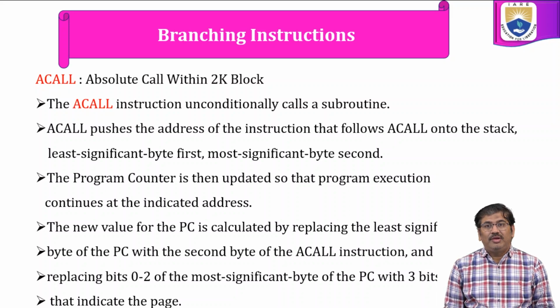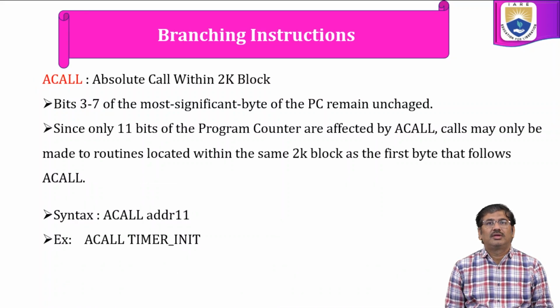The new value of the program counter is calculated by replacing the least significant byte of the program counter with the second byte of the ACALL instruction, and replacing bits 0 to 2 of the most significant byte of the program counter with 3 bits that indicate the page. Bits 3 to 7 of the most significant byte remain unchanged because we are taking only 11 bits.